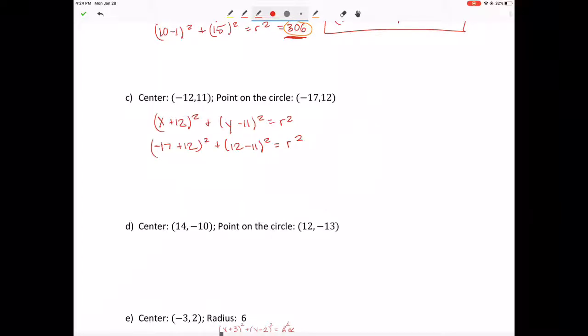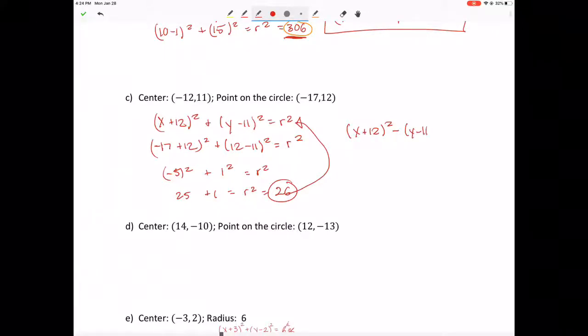All right, you can plug that in your calculator, or that would be the same thing as negative 5 squared plus 1 squared. That gives you 25 plus 1 equals the radius squared, which is 26. Okay, and you would just take that, replace it for the r squared. X plus 12 squared plus y minus 11 squared equals 26.